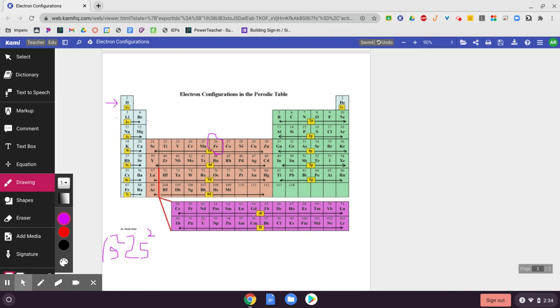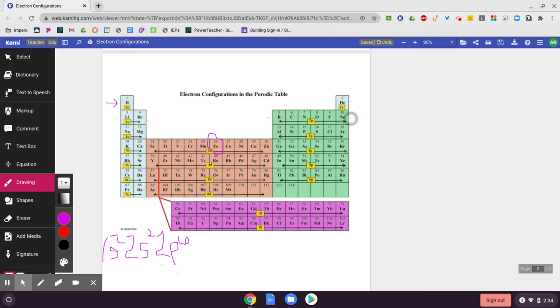Then I'm going to go straight across to the p block, and I'm going all the way to the end of row 2, which means I'm going to fill up 2p6. Remember, every time you get to a new block, you need to write your row number again and then state the letter that associates with the orbital you're in.